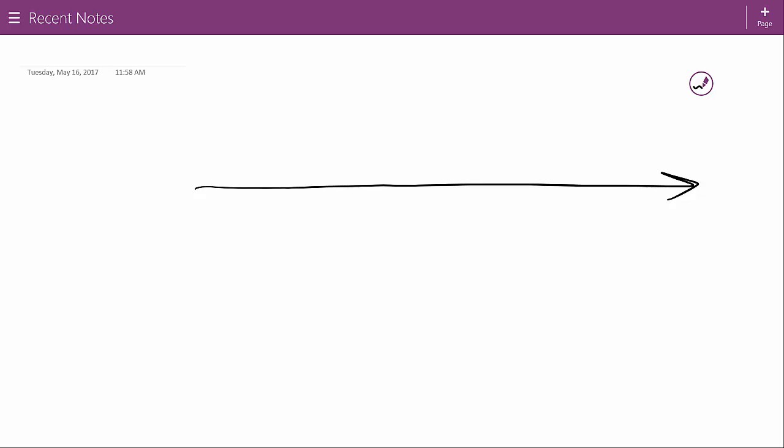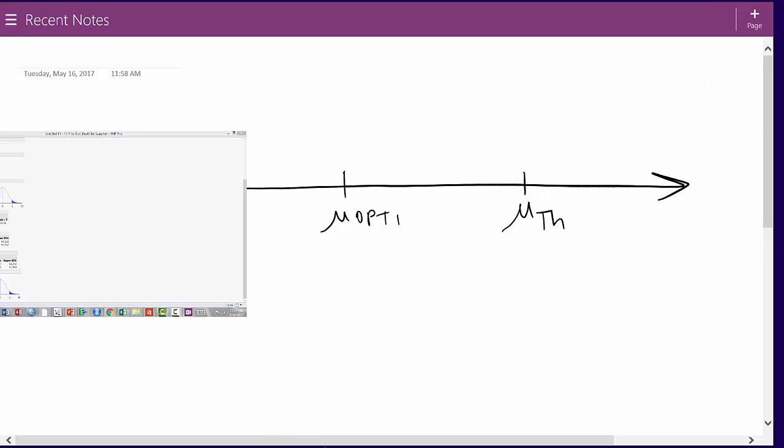But here are a couple of possibilities for how it can happen. Suppose that Thorndike is in fact better, so their average leaking distance is actually higher than the average leaking distance for OptiView, mu OptiView. One case is this, and you saw that in JMP.